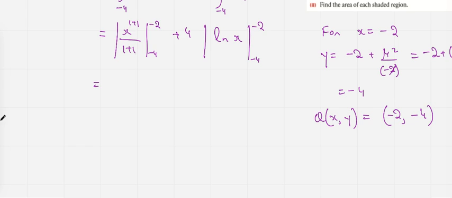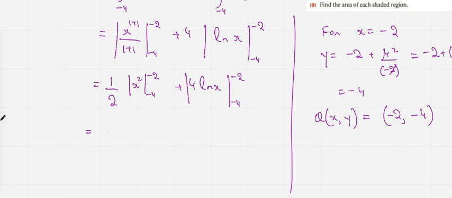So it's going to be 1 upon 2, I just take it out, and this is x squared, going from minus 4 to minus 2, plus 4 times. Now I can apply this 4 inside, because it is going to help me in further solving. 1 upon 4, and I can apply my limits here.